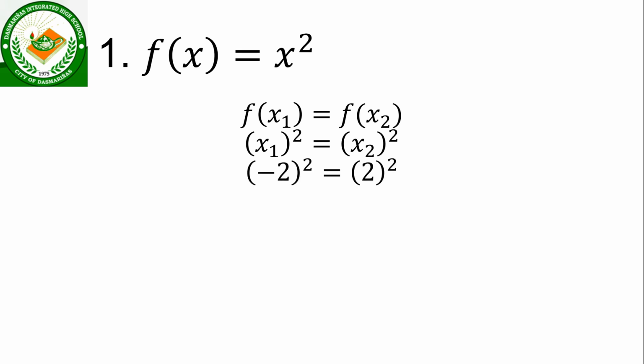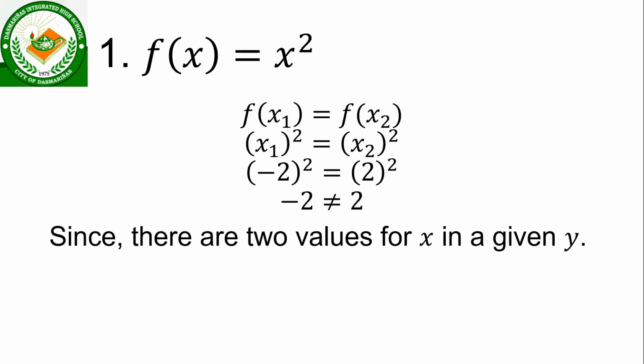And we can say that negative 2 squared, which is equal to 4, is equal to 2 squared, which is also equal to 4. But the case is our x sub 1, negative 2, is not equal to our x sub 2, which is 2.